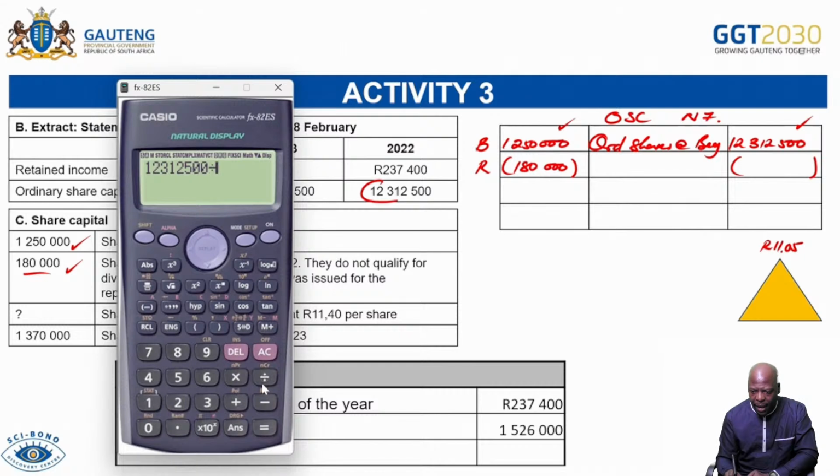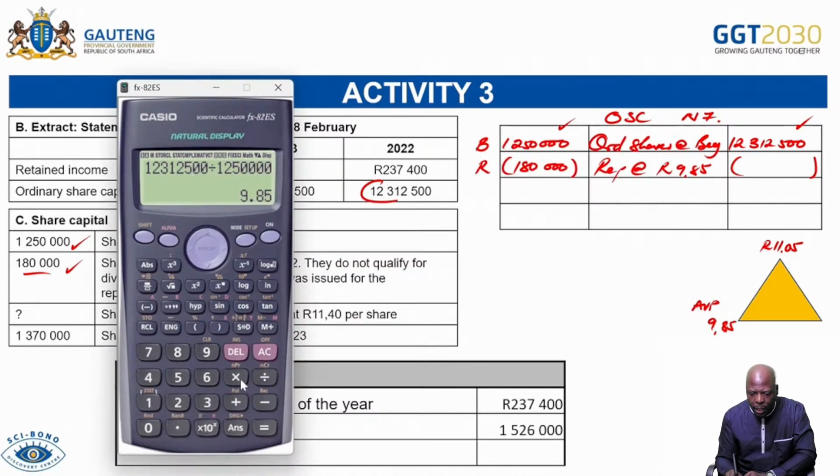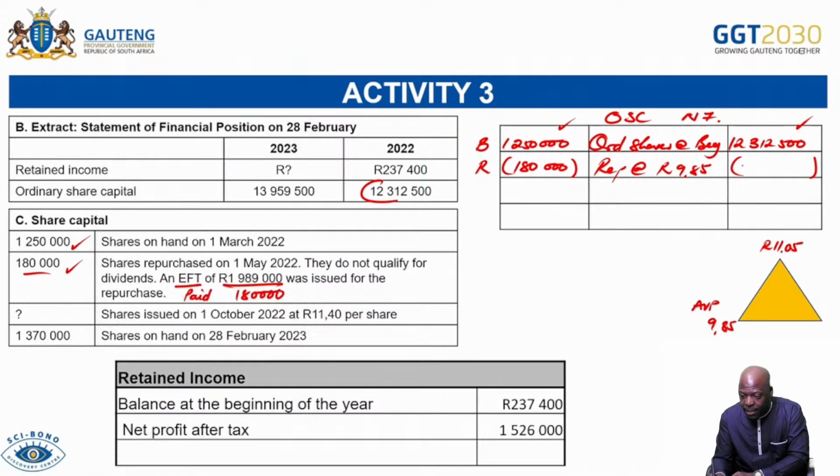That will give me 9 rand 85. That's my average price. Don't forget that. I bring it here on this side, so I'm going to say 180,000 shares repurchased at 9 rand 85. So 9 rand 85 multiplied by 180,000 gives 1,773,000.